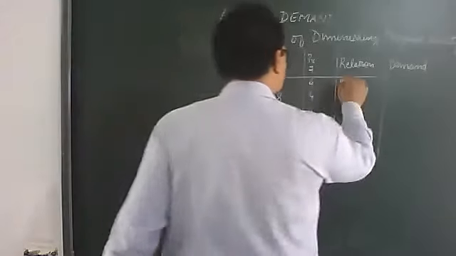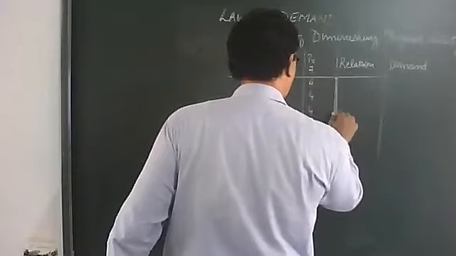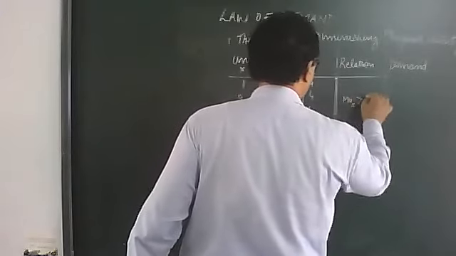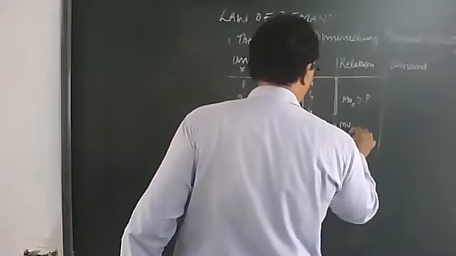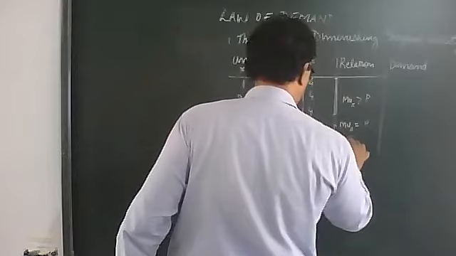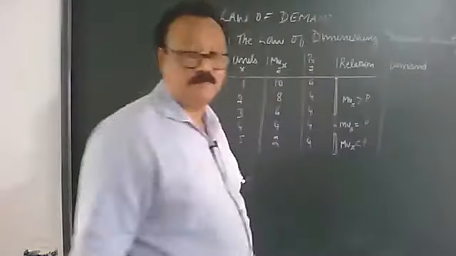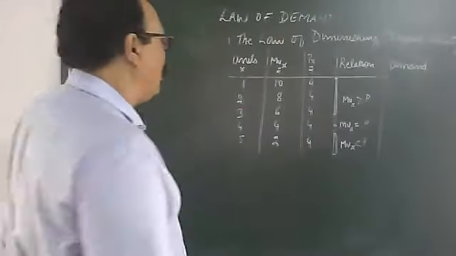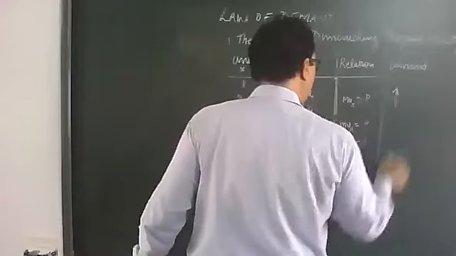This is the place where marginal utility of X is greater than P. Here marginal utility of X is equal to P, and here marginal utility of X is less than P. So when the marginal utility is greater than P, demand will increase.